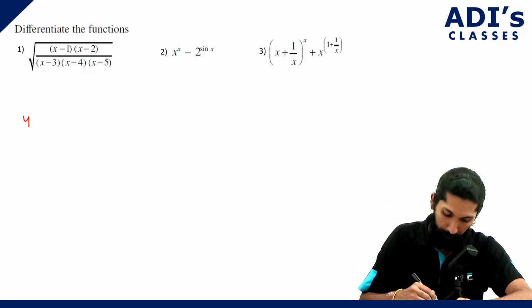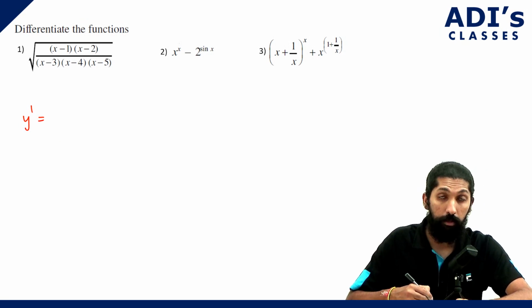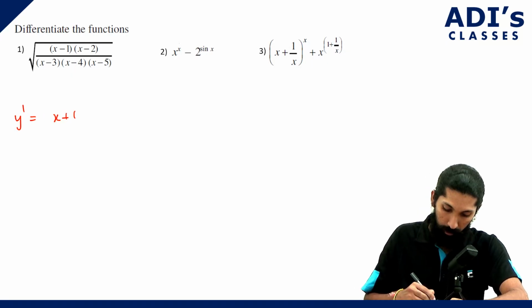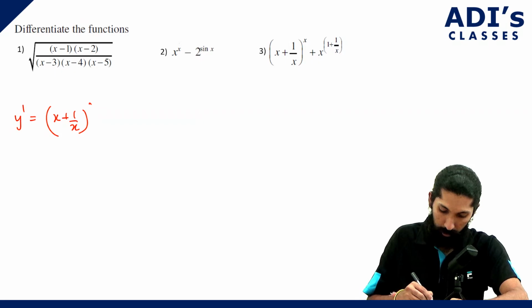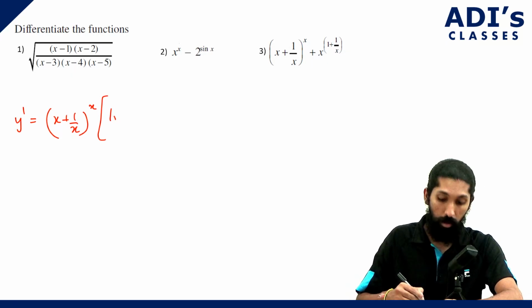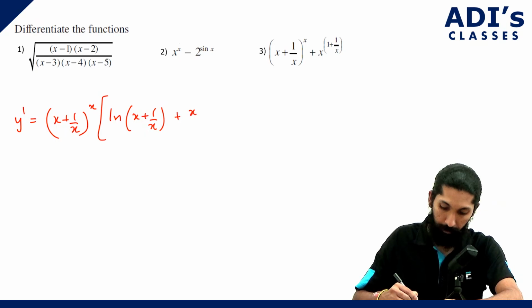Y dash is equal to the first part, that is the u dash, which is (x plus 1 by x) whole power x into (x plus 1 by x plus x square minus 1 by x square plus 1).